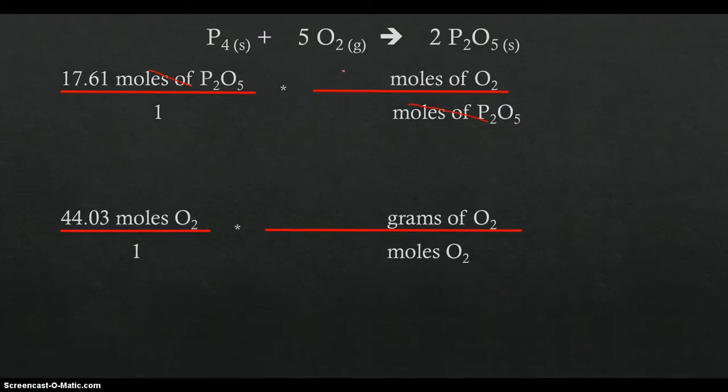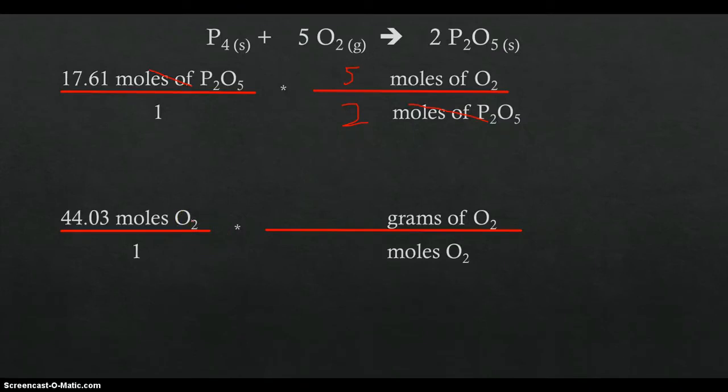And so I'm going to use my coefficients that are there in the equation. And so 5 for oxygen, and diphosphorus pentoxide, that would be 2. So those are my coefficients there. Then I'm going to go ahead and do my math, and I should end up with 44.03 moles of oxygen.